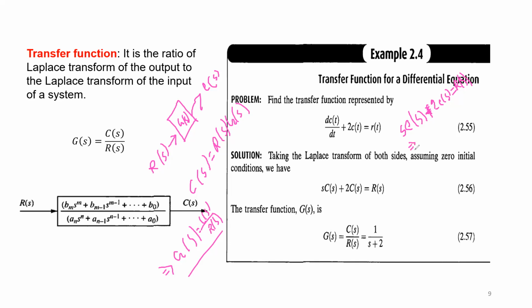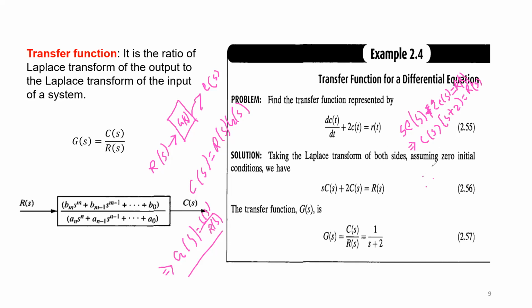Then take C(s) common: C(s) into s plus 2 equals R(s).